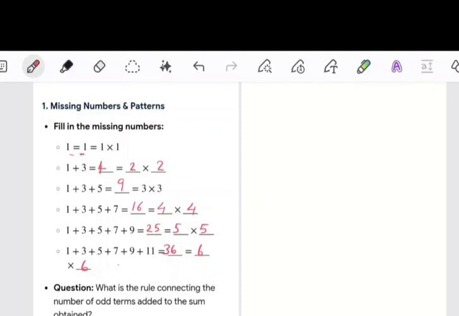So from this pattern, we can conclude that the sum of the first consecutive odd numbers is always a square number. So if we add n odd numbers, we get n square. Okay, this is the rule.